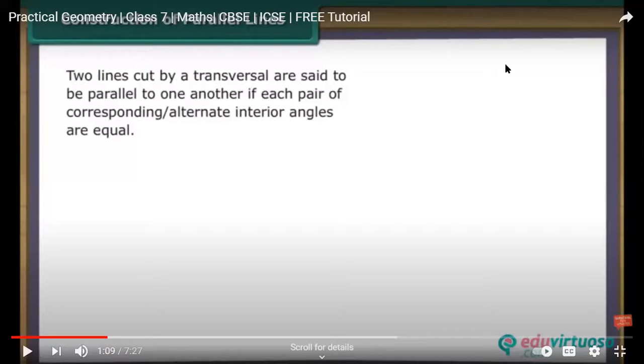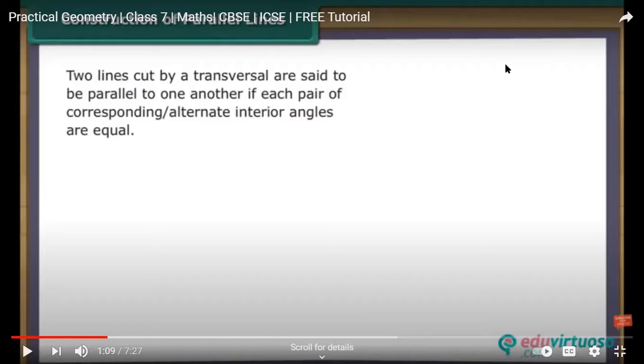So these 2 things are vice versa of each other, and remember if lines are parallel, then corresponding angles and alternate angles will become equal. And if alternate angles and corresponding angles are equal, then lines are parallel. So we will use this concept for making the lines parallel.